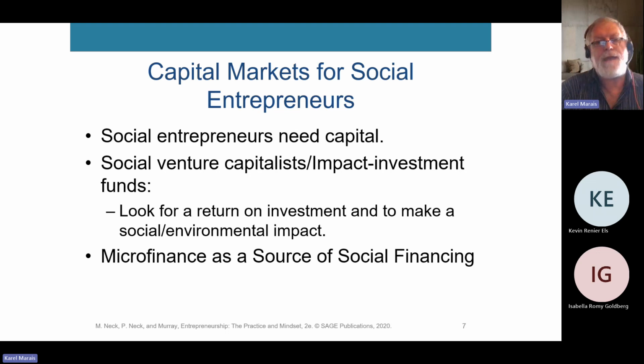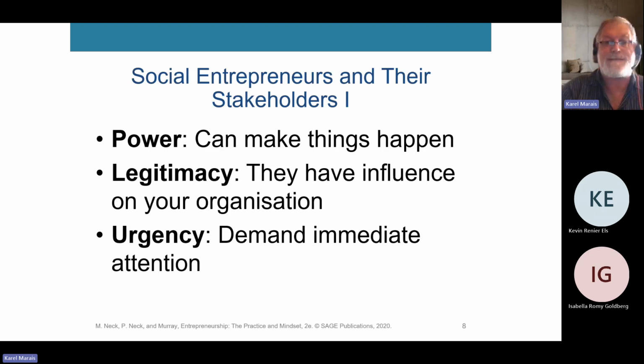Okay, so in the biggest picture, your social entrepreneur has a variety of stakeholders, and the stakeholders work slightly differently. There are three, and I'm going to show you the picture now of what this looks like. There are three different aspects that influence the various stakeholders. It's power.